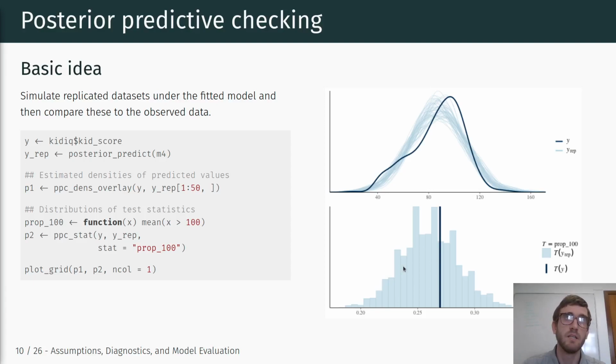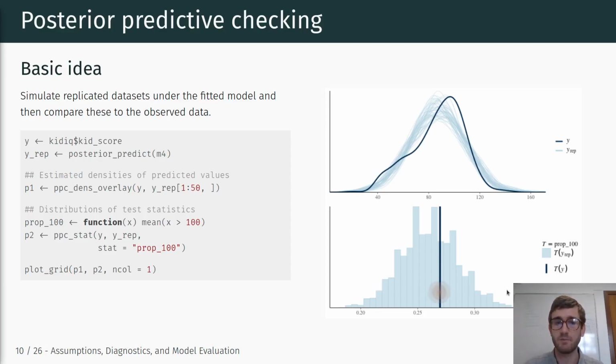Observing such a test statistic wouldn't be unusual under our assumed model with our posterior predictive checks. Okay, so again, this illustrates that our model fits the data fairly well.